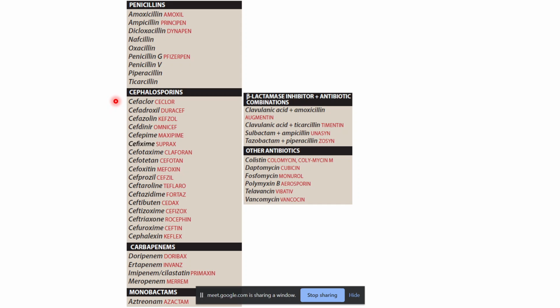Then the second group is cephalosporins, and cephalosporins were synthesized as a replacement for the penicillins to increase the spectrum of action and also to fight the resistance of the bacteria to penicillins, and we will talk about that a little bit more later.